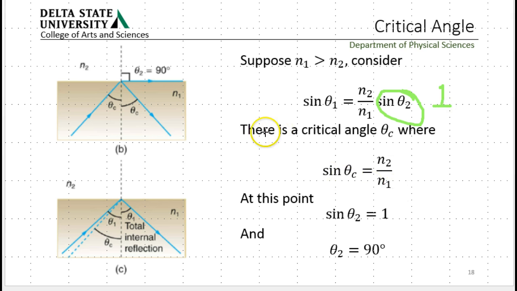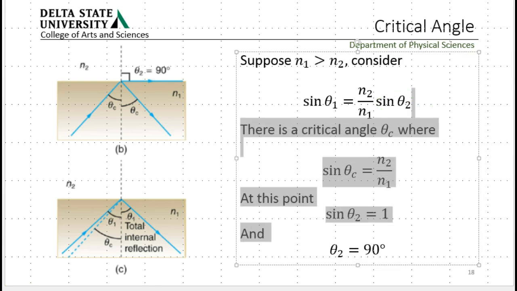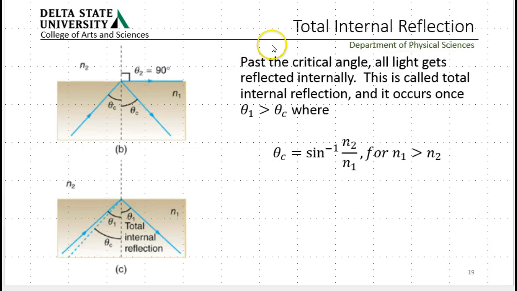So there's a critical angle, sine theta c equal to n2 over n1. At this point, sine theta 2 is 1 and theta 2 is 90 degrees. Going on to the next step algebraically, theta c is the inverse sine of n2 over n1 for n1 greater than n2.